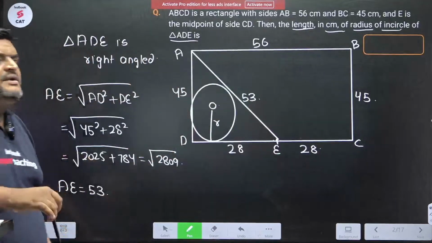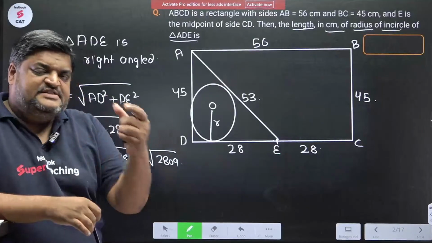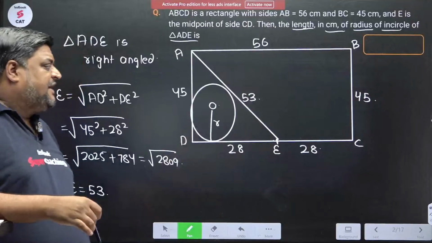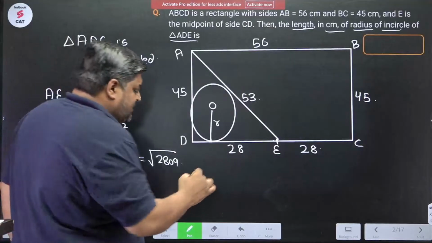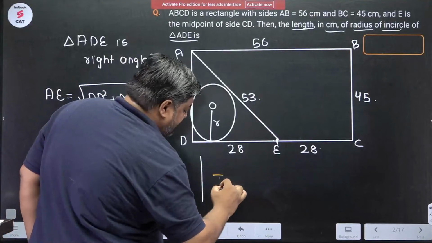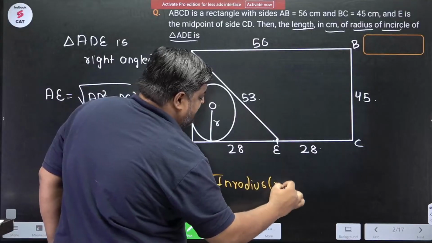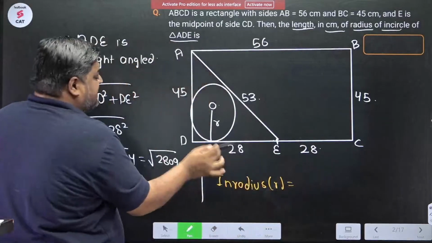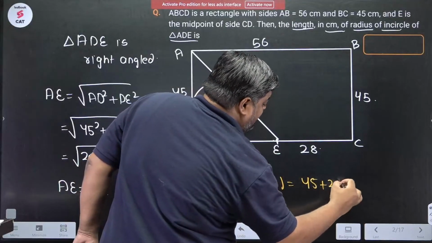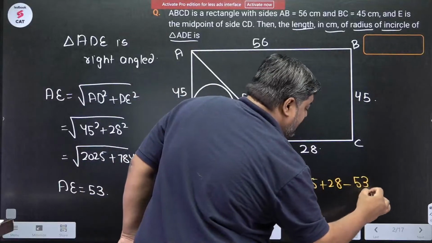Being a right angled triangle, what is the formula for the radius of the incircle? We saw yesterday that if it is a right angled triangle, the inradius R is the sum of the legs, which is 45 plus 28, minus the hypotenuse, which is 53, upon 2.